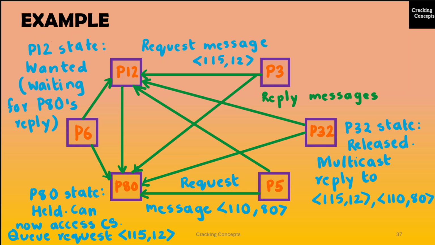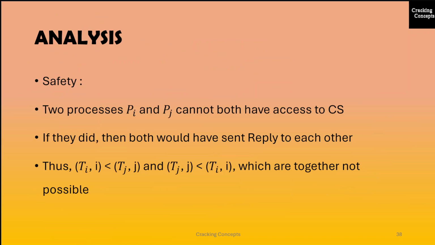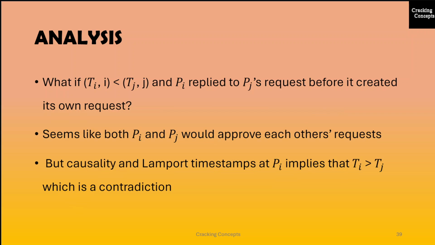Both of them requested the critical section at the same time, but we compare their timestamps. If both of them are replying to each other, then it should be that Ti is less than Tj and Tj is less than Ti, which is clearly a contradiction. Both of them happening together is not possible. So the safety property is ensured here.